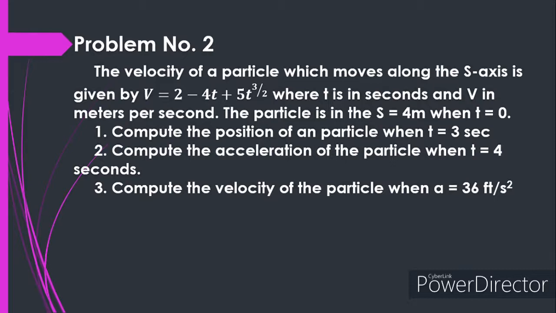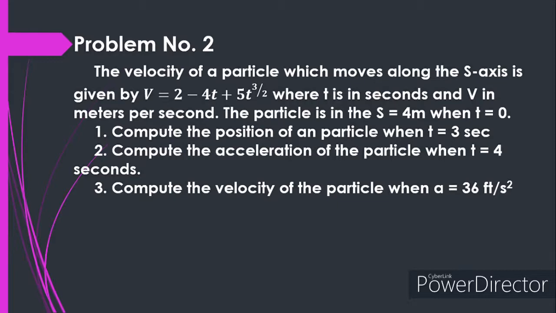So question number 1. Compute the position of a particle when t is equals to 3 seconds. Question number 2. Compute the acceleration of the particle when t is equals to 4 seconds. And compute the velocity of the particle when a is 36 feet per square seconds.